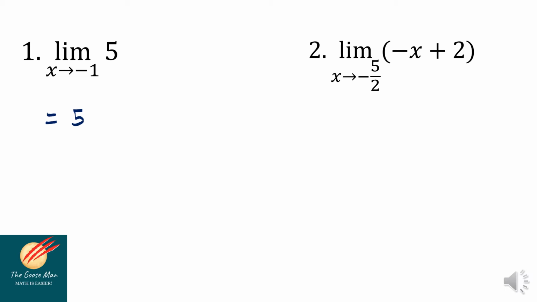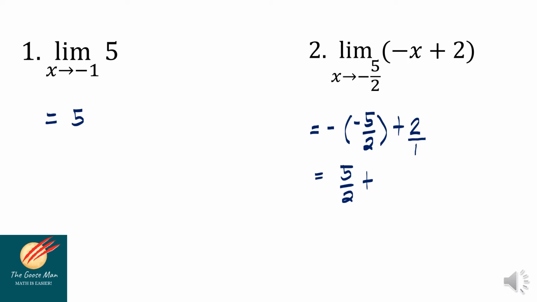Using the direct substitution, we have negative of negative 5 over 2 plus 2. So negative of negative will give us 5 over 2 plus, I can rename 2 as an improper fraction. So I can write here as the denominator 1.